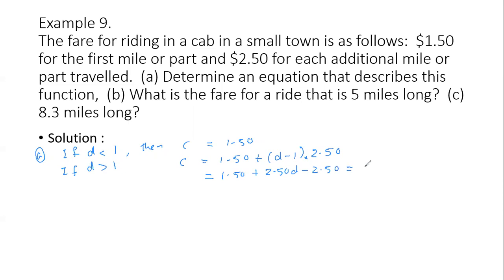What do we get here? 1.50 plus 2.50d minus 2.50. You can combine these two, then we get 2.50d. 1.50 minus 2.50 is negative 1.